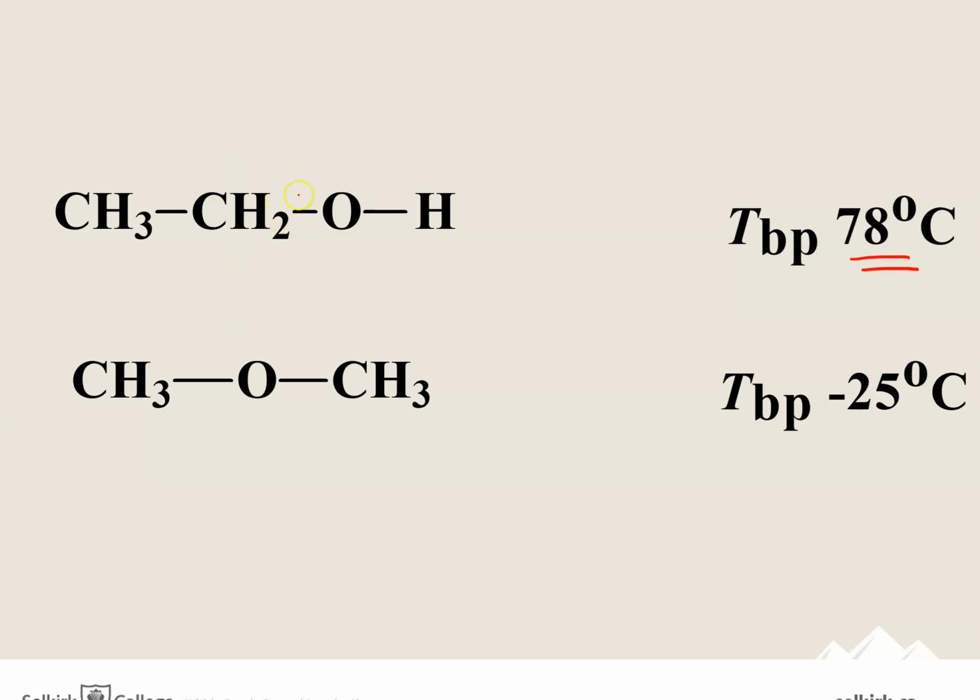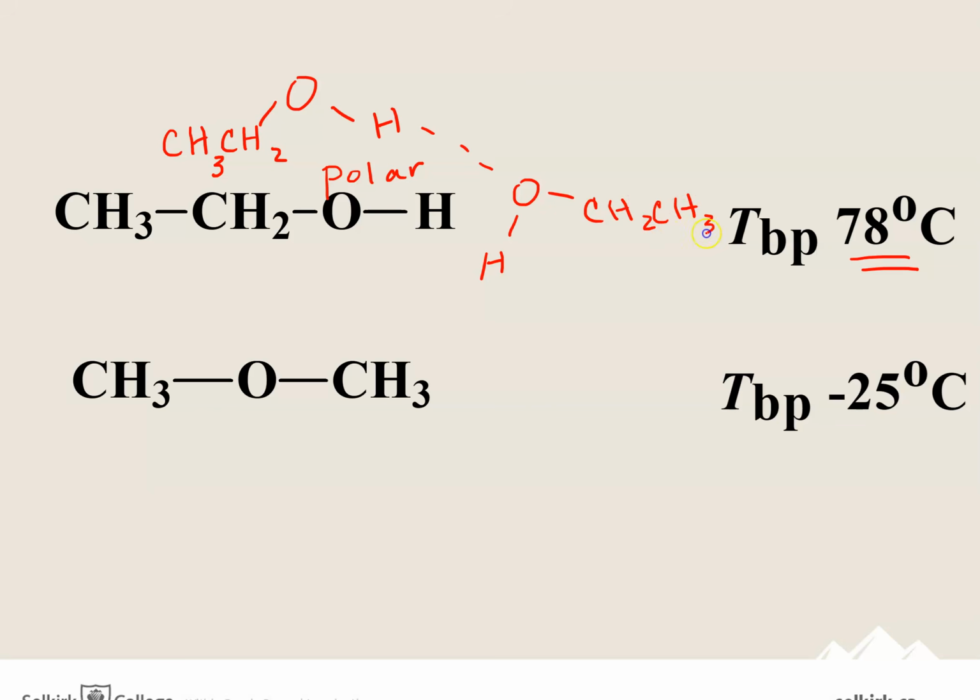If I looked at the realistic shape in a kind of condensed form, ethanol is a bent molecule, so it's polar. So it would be attracted to another ethanol molecule. The negative end of this one would be attracted to the positive end of this one.